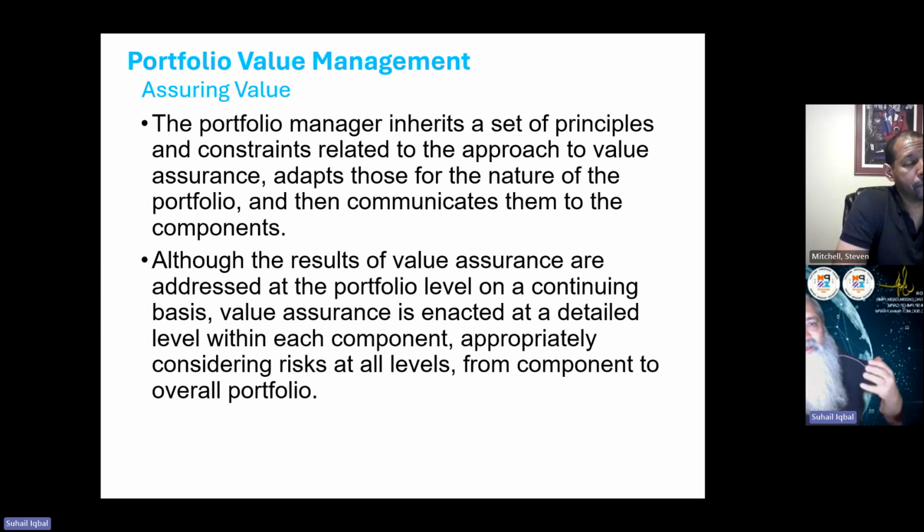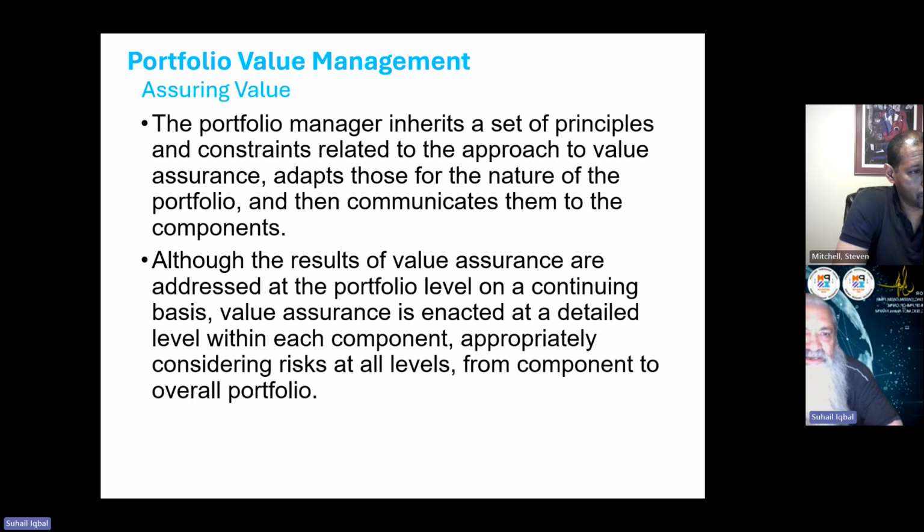While we are assuring the value, we are not only working within the portfolio, we are doing audits of our components as well. Maybe the components are not aware of how they are contributing to the value, but the portfolio manager assures the value by looking at the components from that perspective.